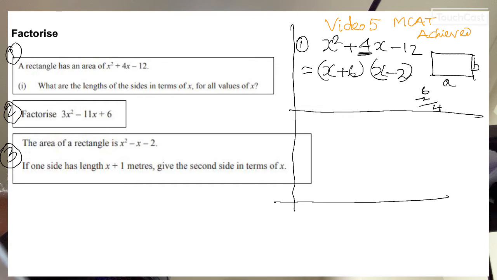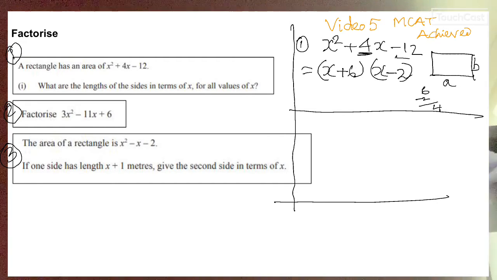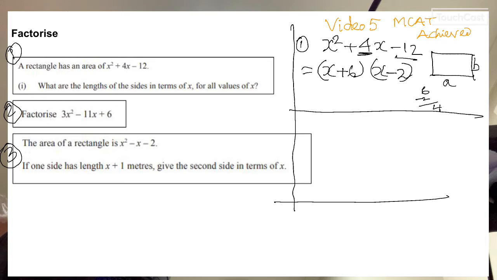And if I multiply 6 times negative 2, that gives you negative 12. So now the question is, which one is the length? This would be the length, and this would be the width of the rectangle.